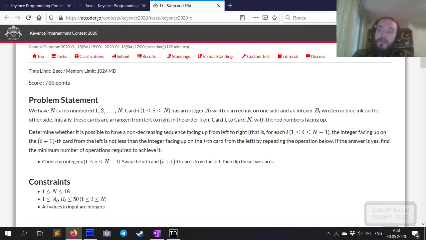Right, so at any point we have some of the cards facing up. Some of them are red and some of them are blue. And if for each card we decide if it's red or blue, then there's almost a single way to arrange them, because we could have equal numbers, right?